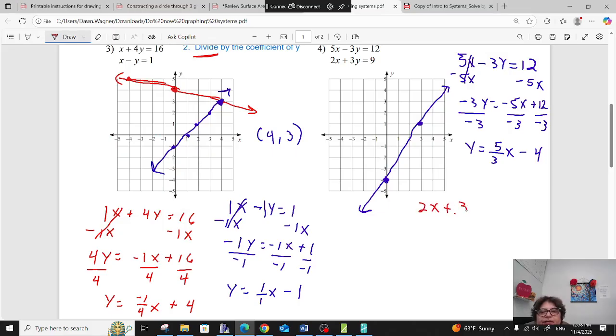2x plus 3y equals 9. So how do I solve for y?